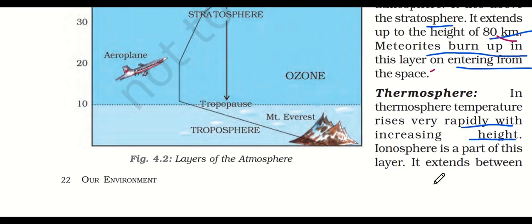Next, thermosphere. Temperature rises very rapidly with increasing height. As height increases, temperature increases, that is why we call it thermo. Ionosphere is the part of this layer.